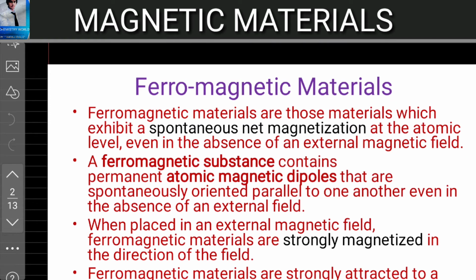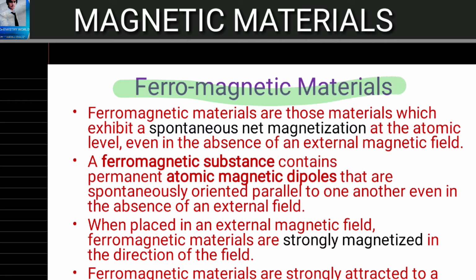Next, we have to talk about ferromagnetic materials. Ferromagnetic materials are those materials which exhibit a spontaneous net magnetization at the atomic level, even in the absence of an external magnetic field.